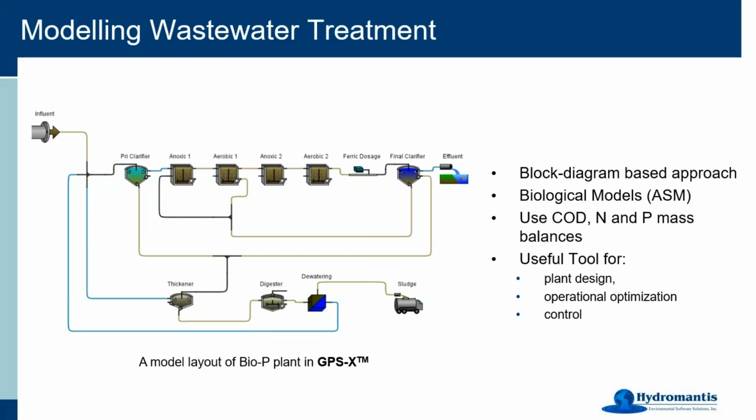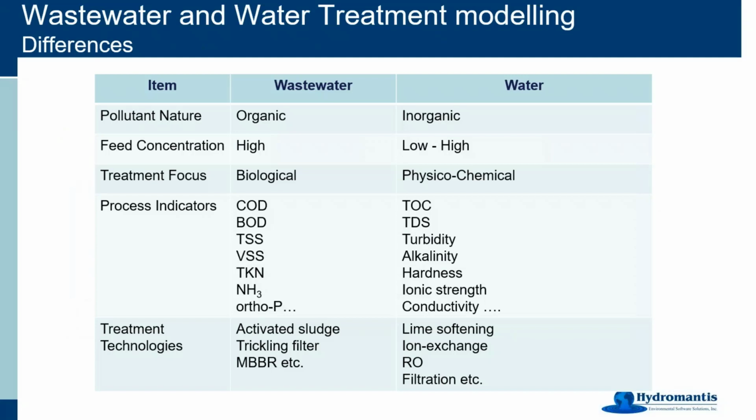So when we look at the differences between wastewater treatment plant and the water treatment, the differences that make it a little bit harder to take the same concepts into the water domain, we can see that the nature of pollutants for wastewater is organic. The concentrations are typically high, and the primary focus in wastewater treatment plant is biological treatment. Not to mention that physicochemical treatments are also important, but the real focus is on the biological side.